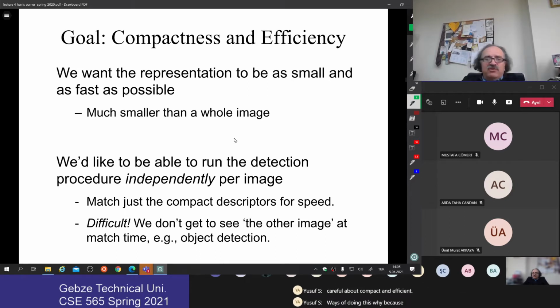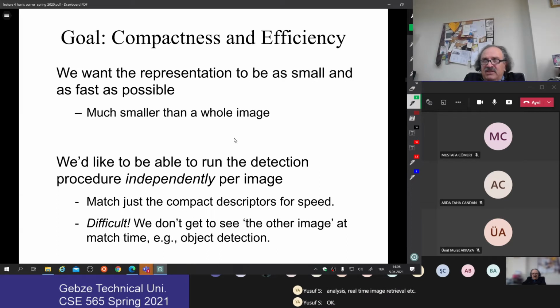Because we are going to run this on a computer system which runs on a CPU. We don't want to waste our CPU time. We don't want to waste our memory. And we would like to run these algorithms as fast as possible, so that there is a hope of achieving real-time object detection, real-time motion analysis, real-time image retrieval, etc.